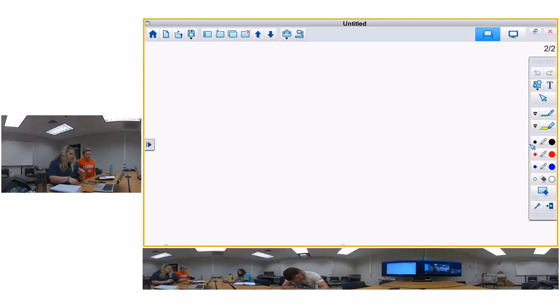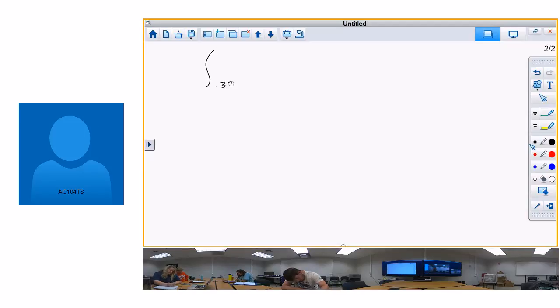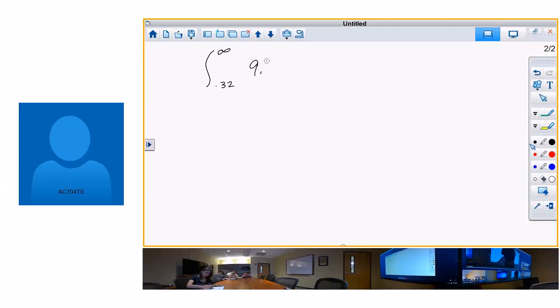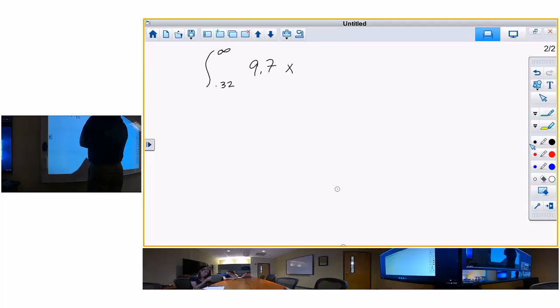From 0.32 to infinity, 9.7 x to the negative 0.427 dx.